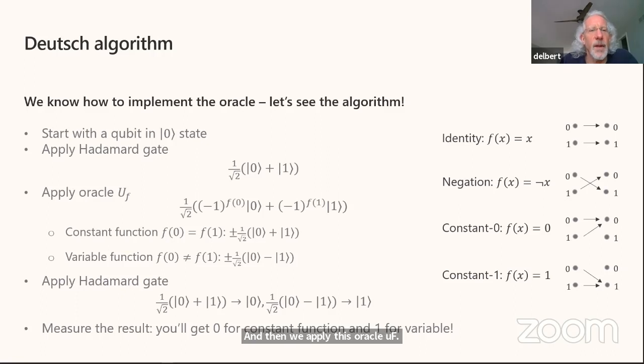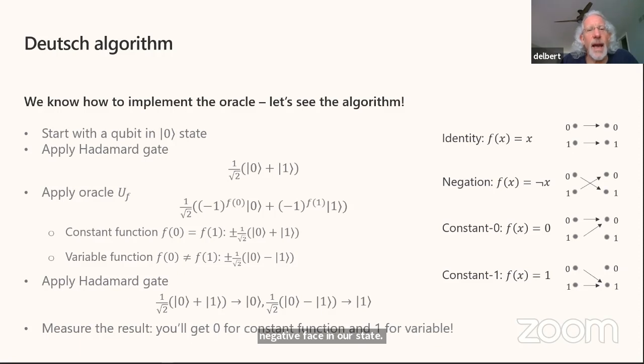If we have a constant function, so f of 0 and f of 1 are the same, then we end up with a superposition where the phase is +1. But if we have a variable function, in other words, f of 0 is not equal to f of 1, then we end up with a negative phase in our state.